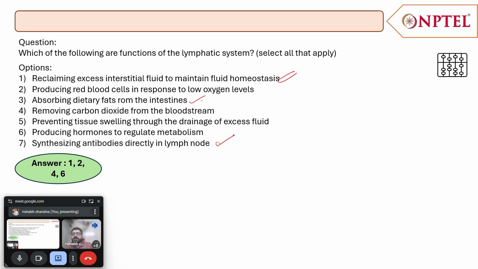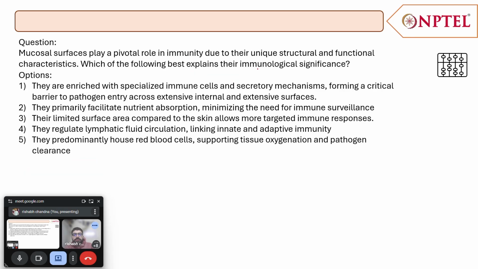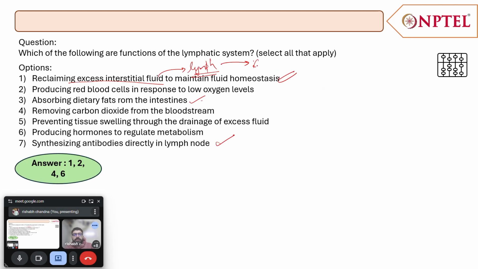So whenever there is some excess fluid in the blood, they reclaim the excess interstitial fluid and it moves to the lymph. So now if the lymph is there, then it moves to the recycle part.